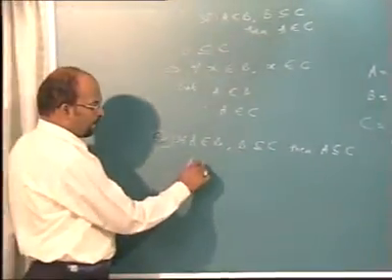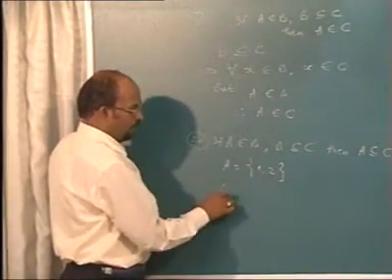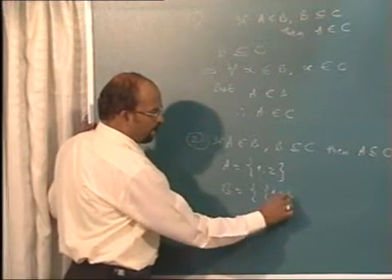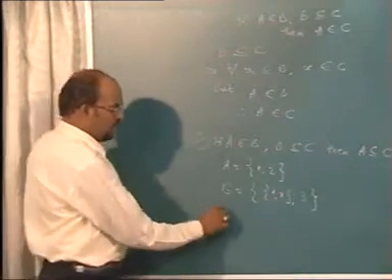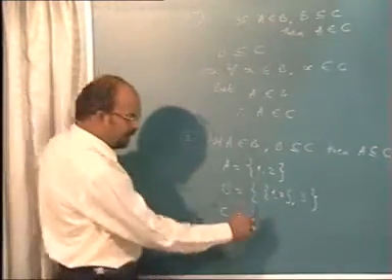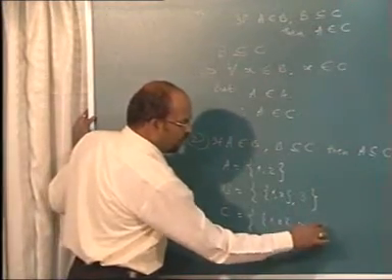A is {1, 2}. B will be again {1, 2} and 3. C will contain {1, 2}, this set will contain 3, will contain 4.